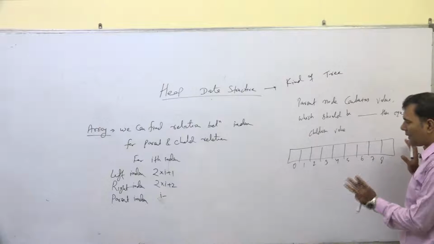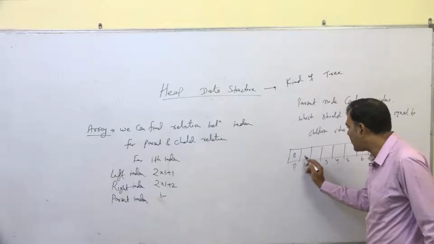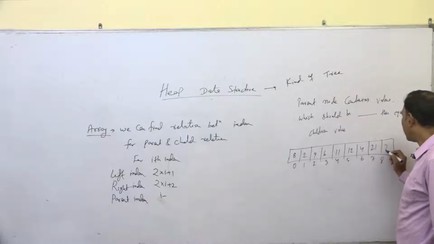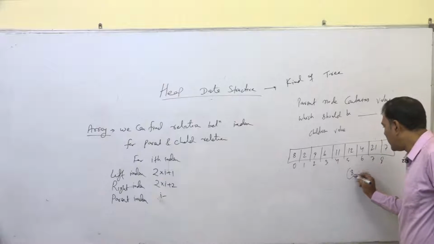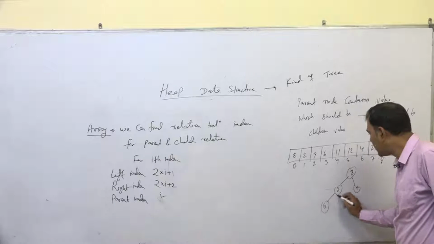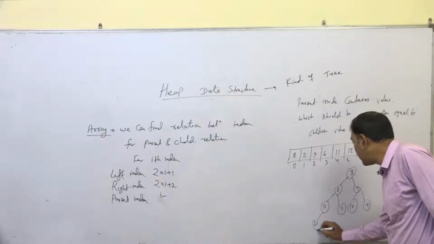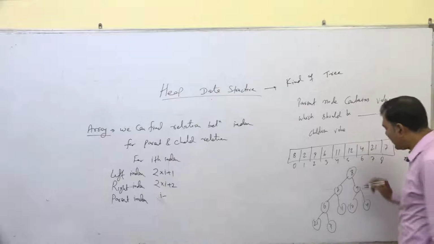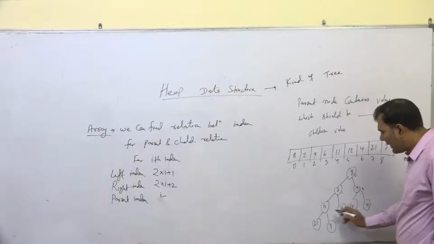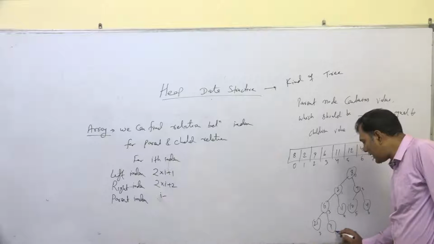If we assume this array is a kind of tree, and the elements are 8, 2, 9, 6, 11, 12, 4, 21, and then 7, then 8 is the root, then 2 and 9, then 6, 11, 12, 4, 21, and 7. The root node is index 0, then index 1, 2, 3, 4, 5, 6, 7, and 8, or not.